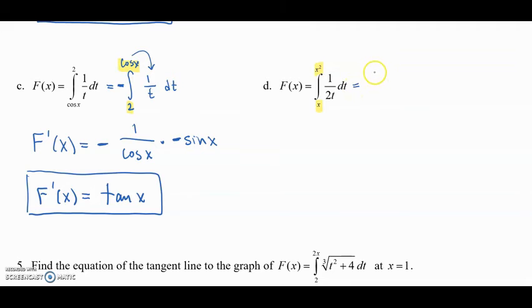This is one that maybe you didn't use as often as some of the other properties. If I need the integral from x to x squared, one property I could use is a constant. In this case, I'll use 0. I could take the integral from 0 to x squared of 1 over 2t dt.